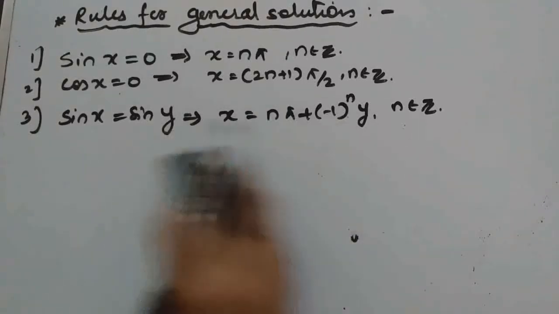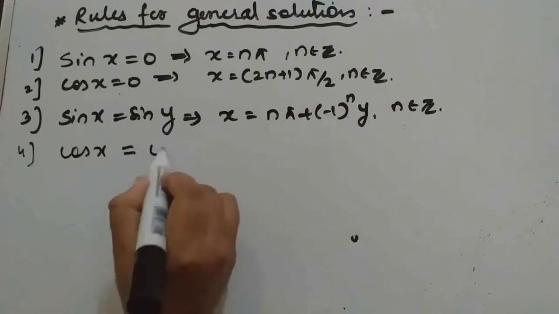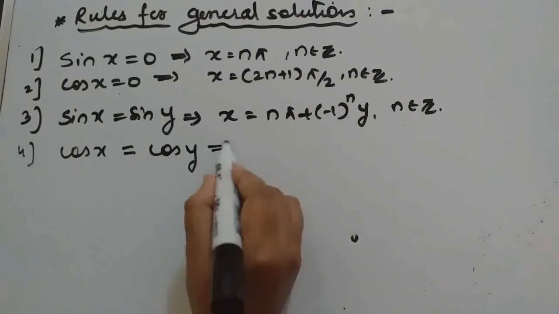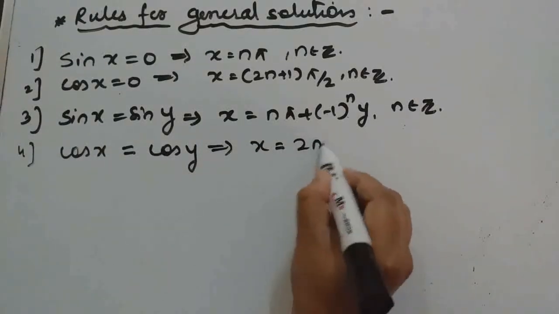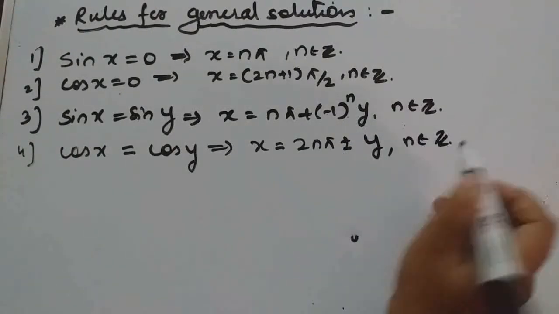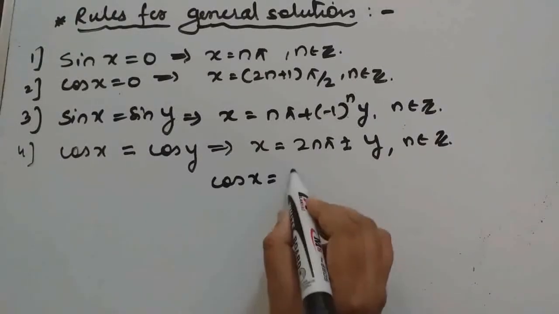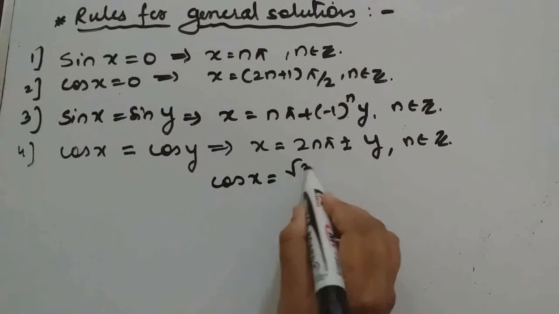Now check the next one, the fourth one. The fourth case is cos x equal to cos y, which implies x is equal to 2n pi plus minus y, where n belongs to Z. This also will work the same way. Suppose cos x is equal to root 3 by 2.